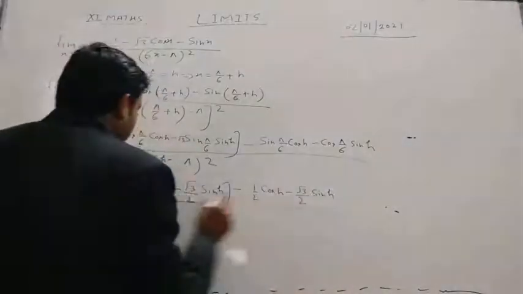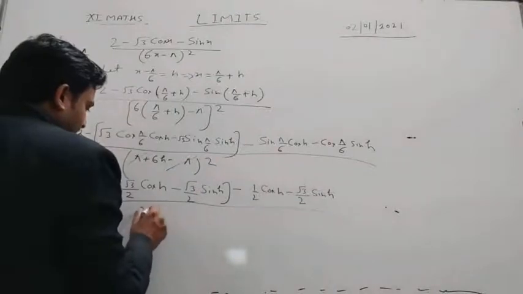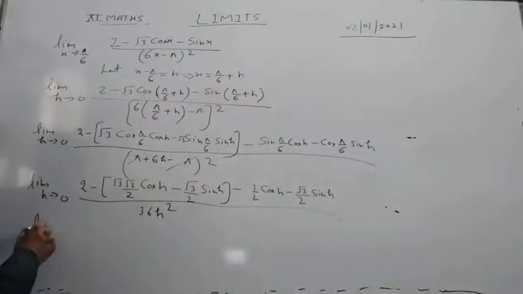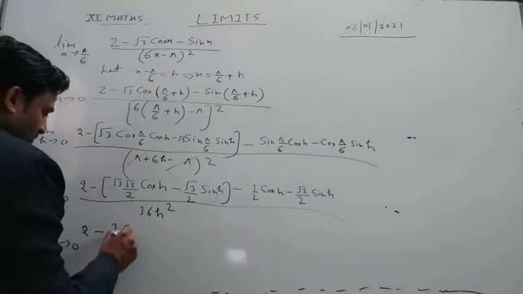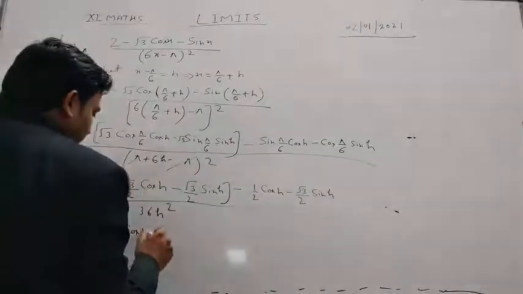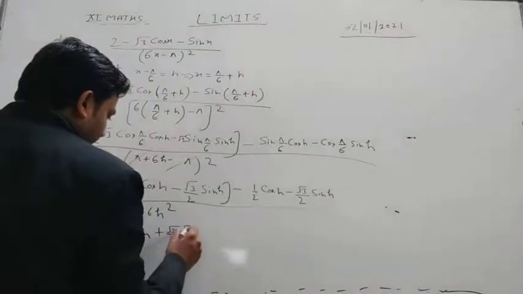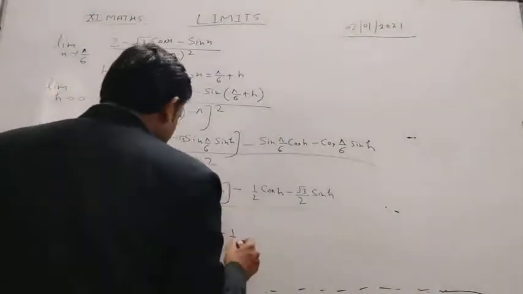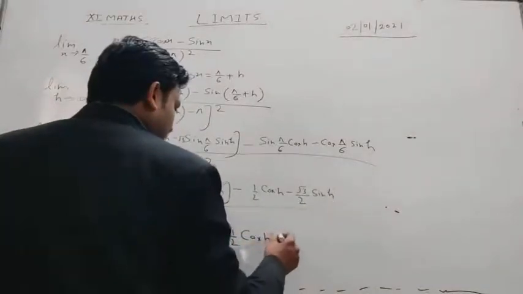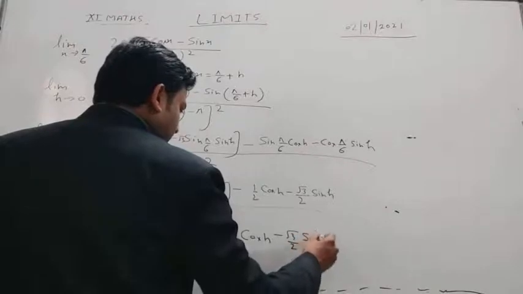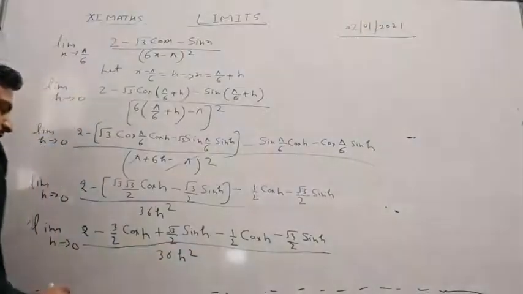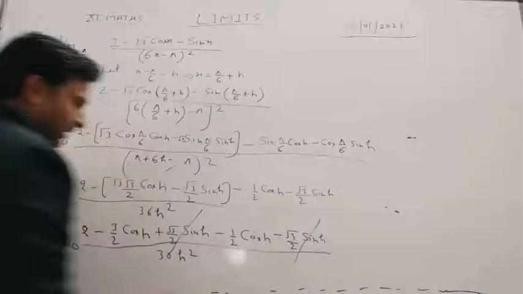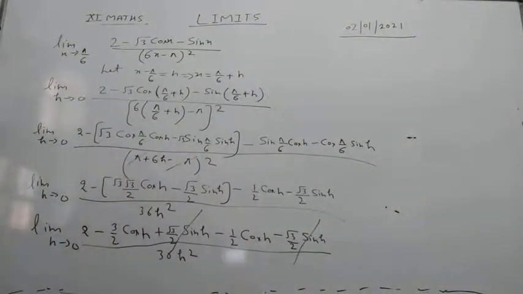Divided by 36h square. We are seeing, students, that this part will be cancelled because they are the same terms with the negative sign, so we will cancel easily.